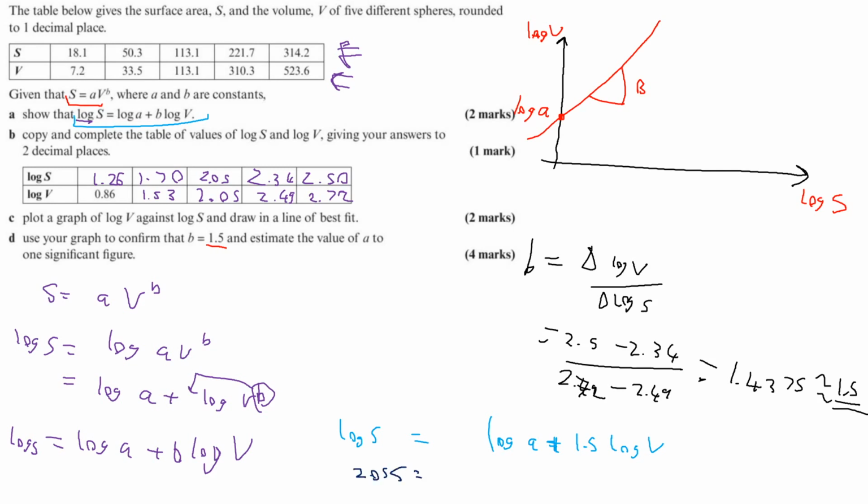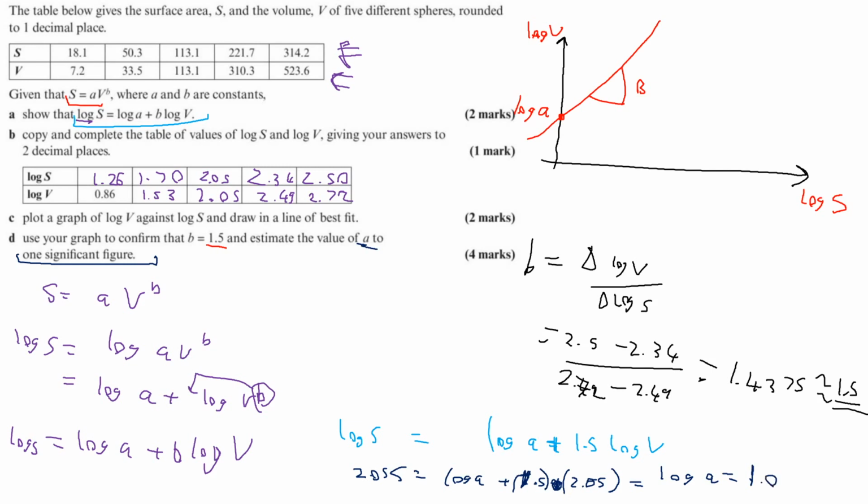2.05 is equal to log A plus 1.5 times, excuse me, that should be times 2.05. Okay. And when we move it to the other side, we know that log A should be equal to 1.025, but they want A to one significant figure.